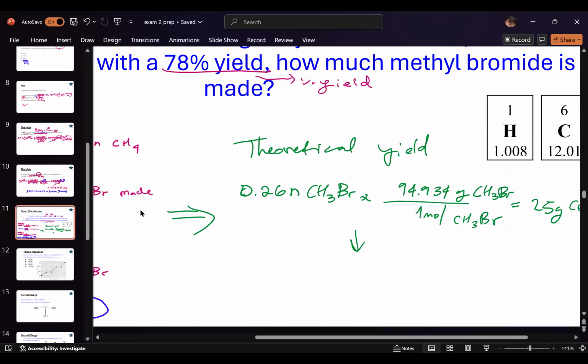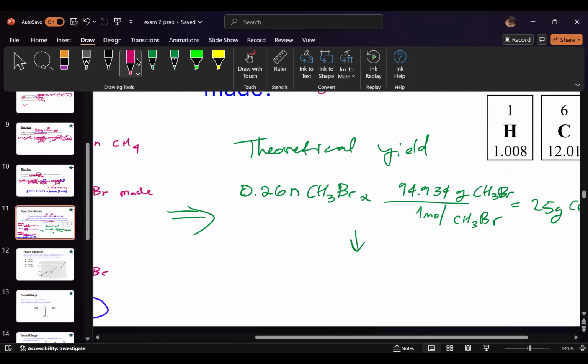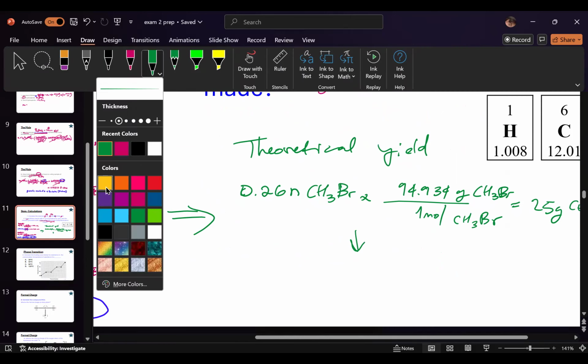However, because there's not a 100% yield, there's a 78% yield, we have to calculate the actual yield, the amount that you actually made. So let me use orange.